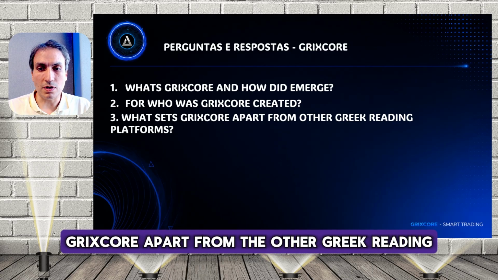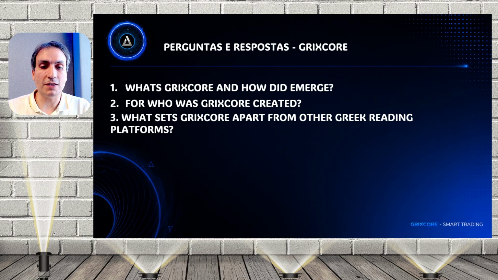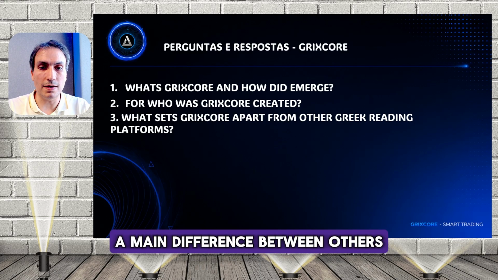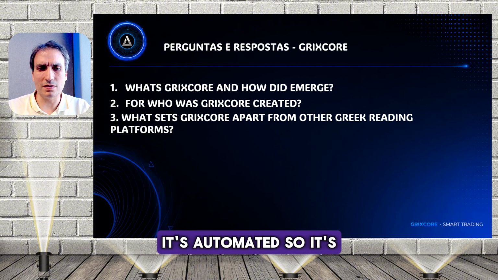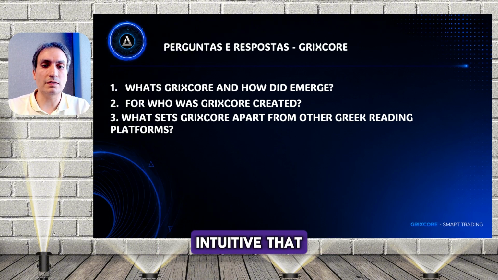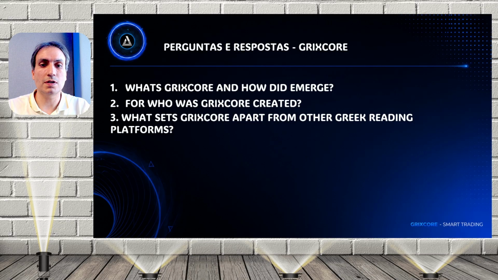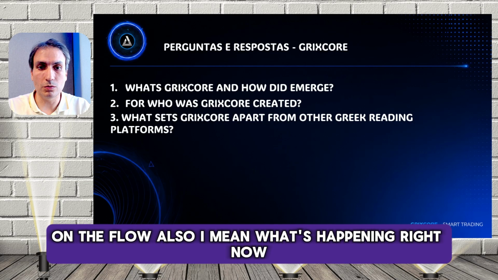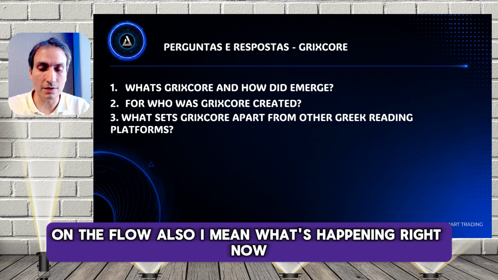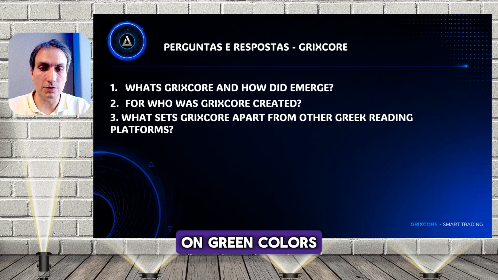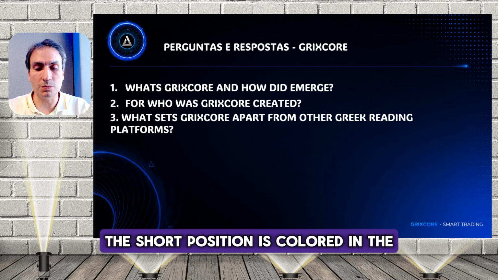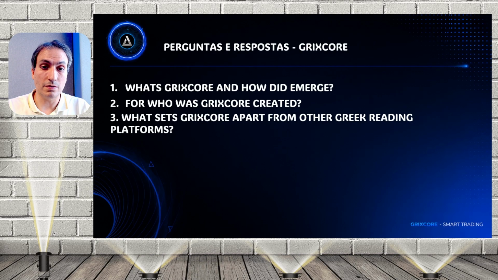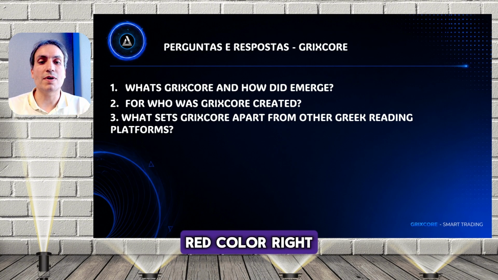What sets GrixCore apart from other Greek reading platforms? Well, I think GrixCore has a main difference from the others. It's automated, so it's intuitive: the long position indicated by the platform on the flow, what's happening right now, is in green, and on the other side, the short position is colored in red, right?